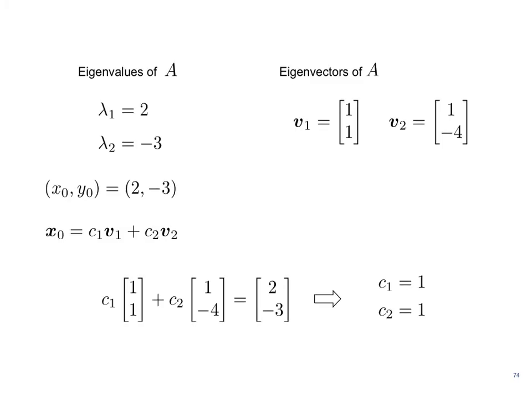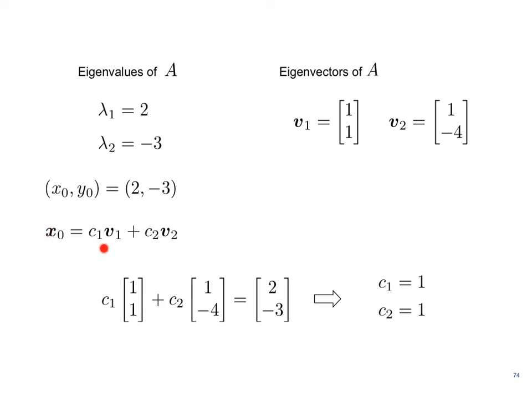So we can just, as done before, have the initial condition given by this equation. Because remember that the solution is exponential lambda t times the eigenvector. If t is 0, then exponential lambda t is equal to 1.